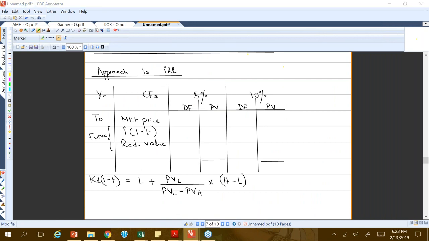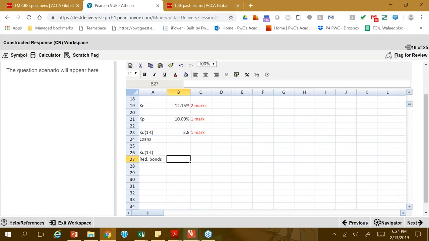So let's think about this. I'm going to use the structure which is here: cash flows, 5%, 10%. The cash flows would be the market price, interest times 1 minus the tax, and the redemption value.